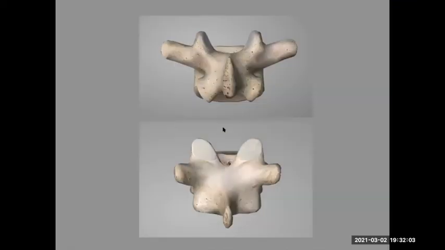So just for all these features, this is 2 vertebrae. We mentioned there were these transverse processes. We had the spinous process.